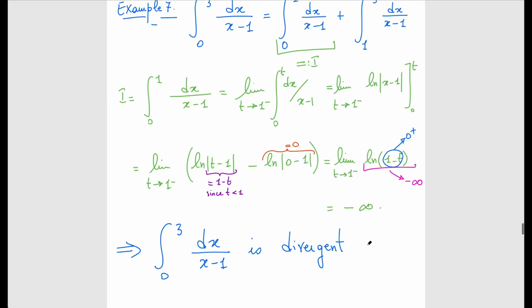So since this one was divergent, correct? Div for divergent. This is what we found. This is what we called I, right? Okay. All right. So the next example.